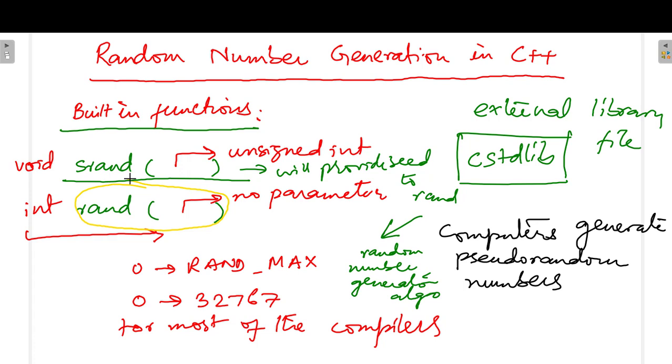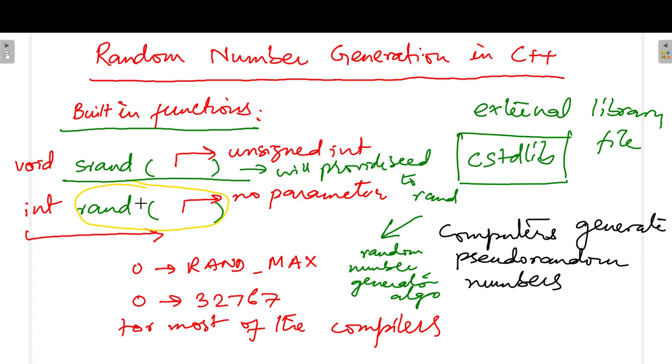But when srand is not used in a code, then the seed that is used in the random number generator algorithm is 1. So when srand is not used, the default value for the seed is 1.